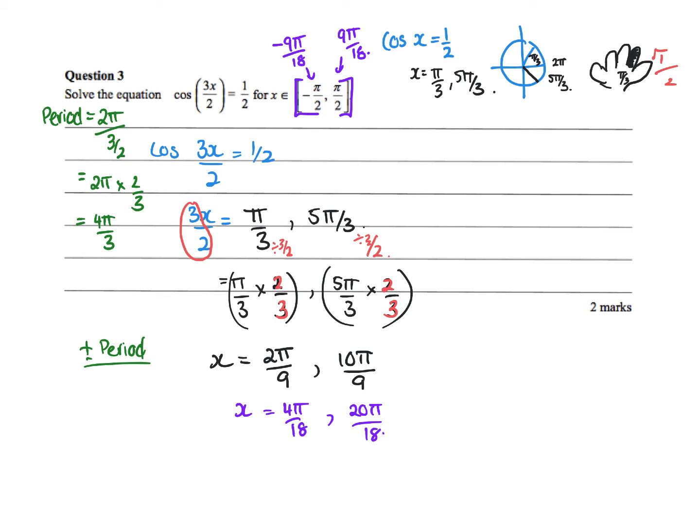Alright, so we are going to add 4 pi on 3 to these two answers. Because I'm talking in 18ths, I might change this to 18ths.